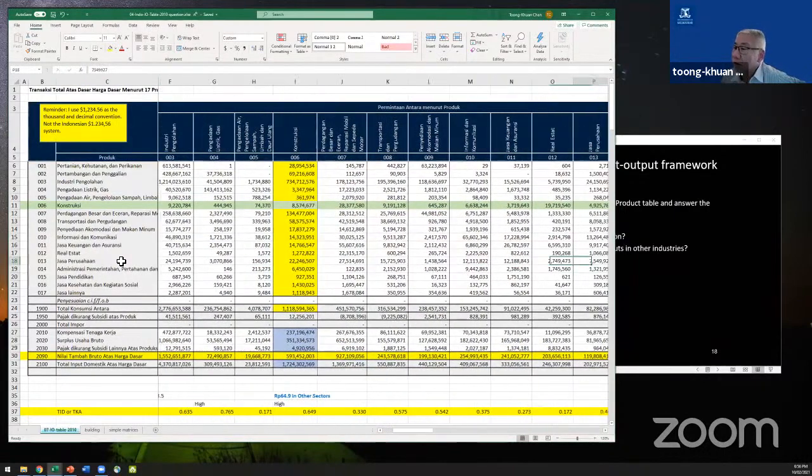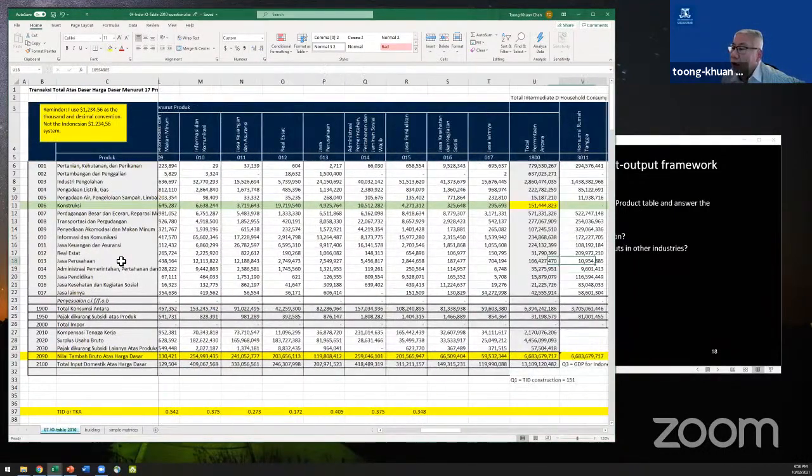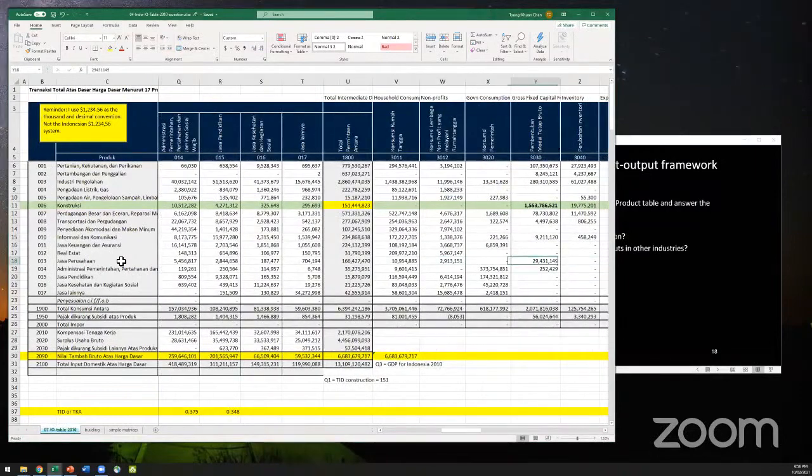Business services. Contribute to assets. So what assets do you think they can produce? Intellectual property? Intellectual property, yes, correct. So jasa perusahaan also create assets, but mainly in intellectual property.